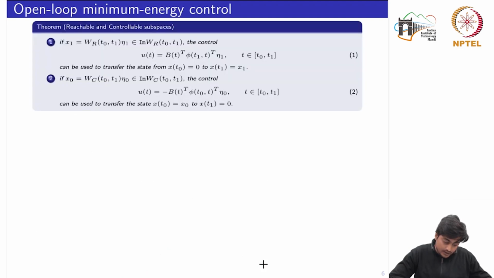So if we summarize this overall result, these 2 points are basically recalled from the controllability, where we have done the characterization for the reachable and the controllable subspaces, and we have also computed the control signal. This control signal is for steering the trajectory from the origin to x1, and this control signal is from x0 to 0 in t1 amount of time.